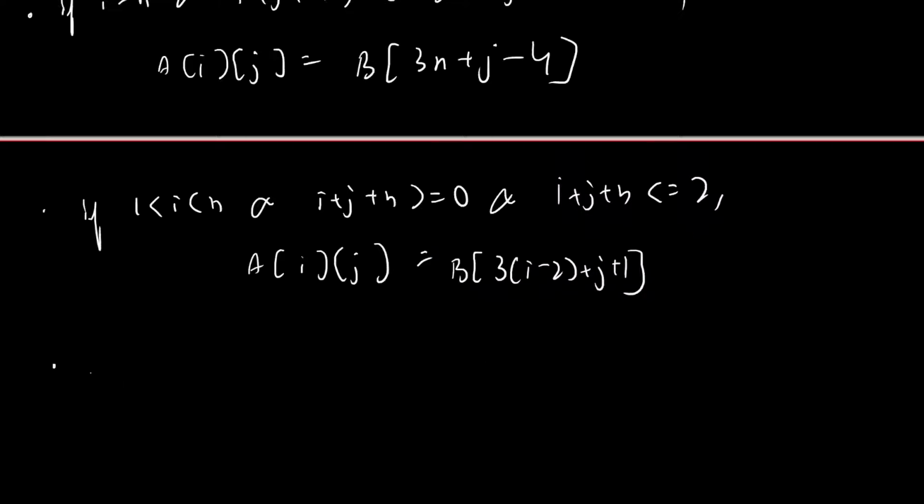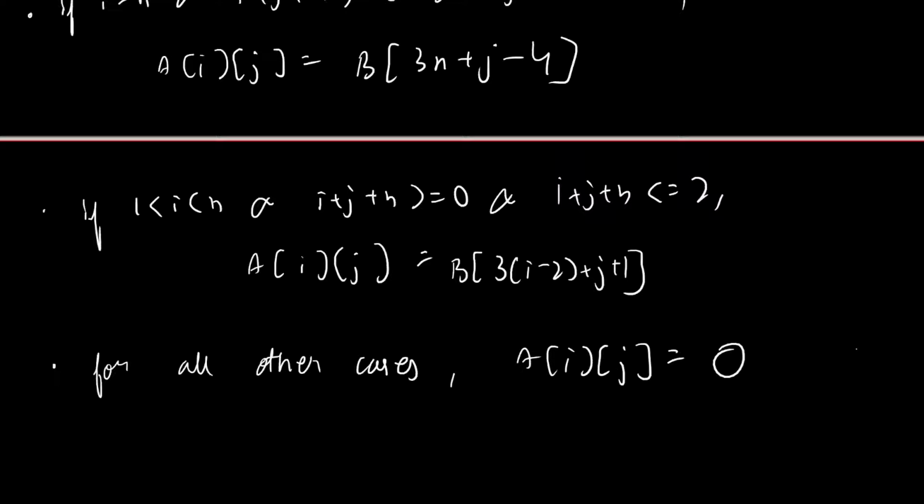For all other cases in which this condition is not satisfied, aij will obviously be 0.